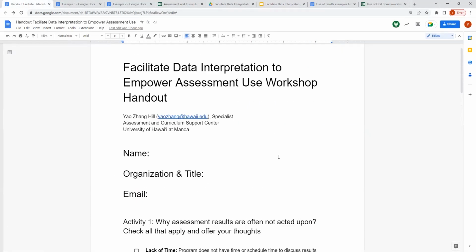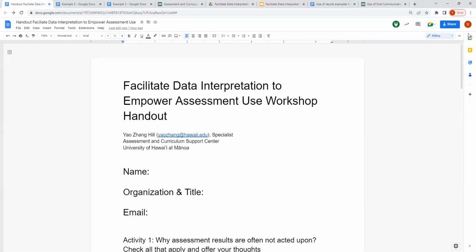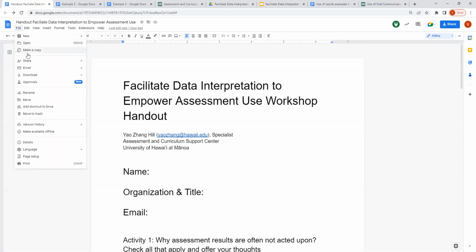So the handout looks like this. I think the link will say use template, and you just click that. It will show up like this, and you click on make a copy. And if you can, please save your handout in the folder that I just gave you.